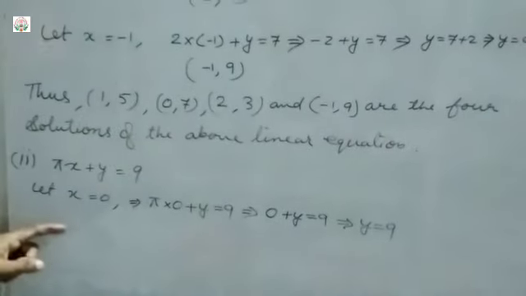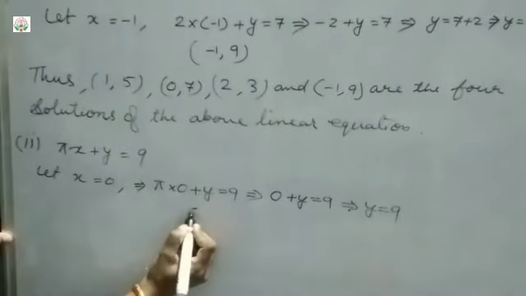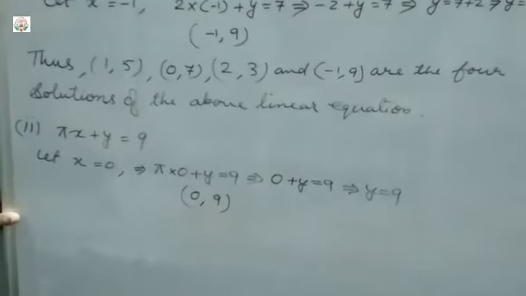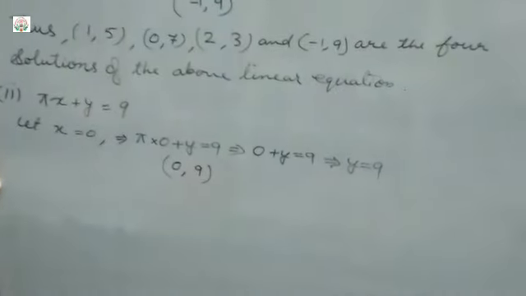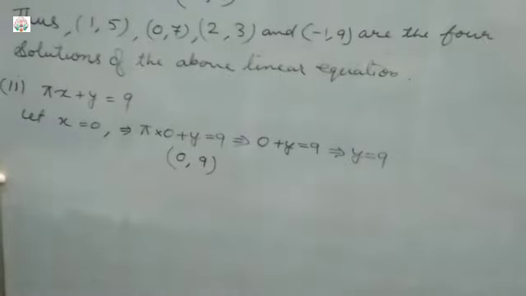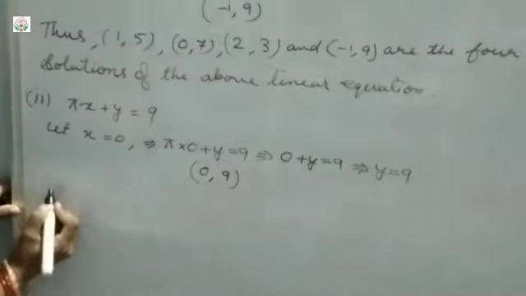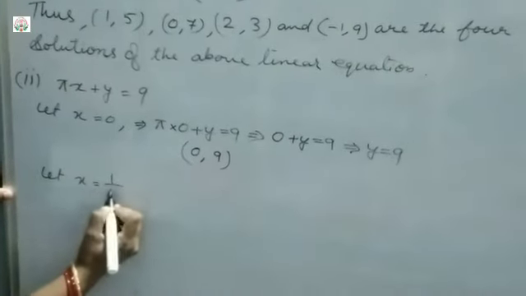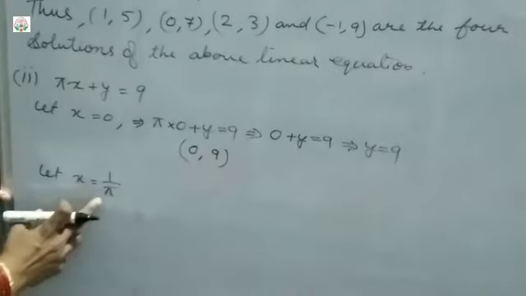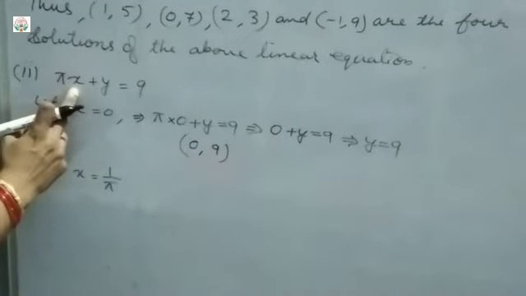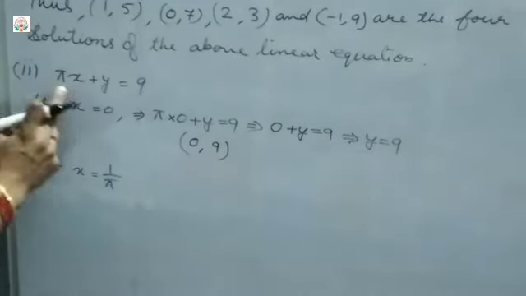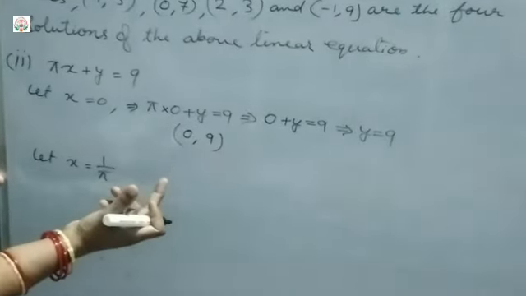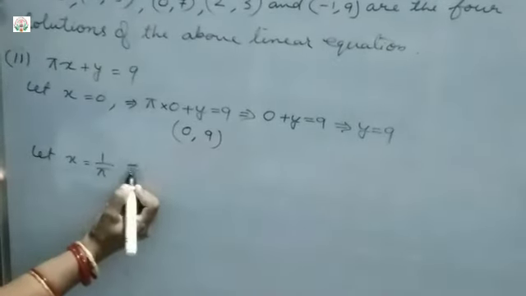So now my first solution is what? x value 0 and y value is 9. Then the next one I can take as, let x equal 1 upon pi. Why did I take this? Because if I put here 1 upon pi, I can cancel numerator and denominator and a simple number I may get. So what will I get here now?